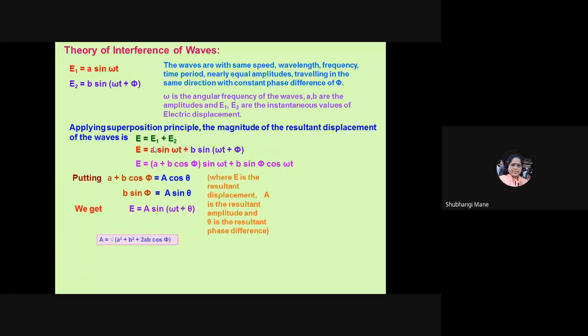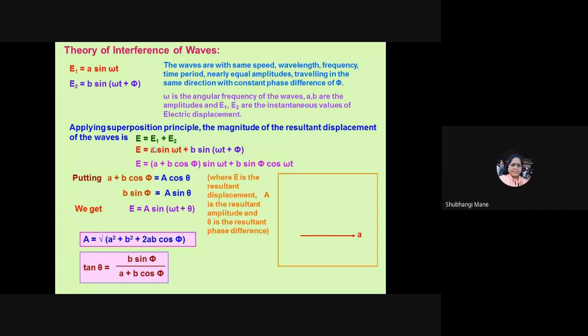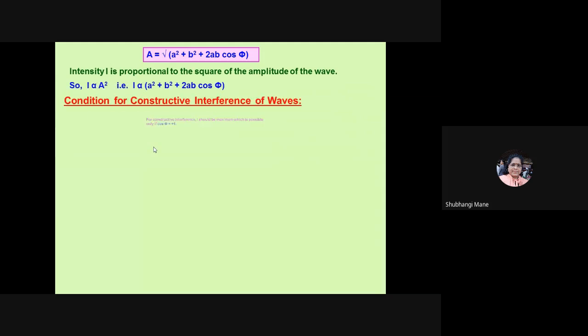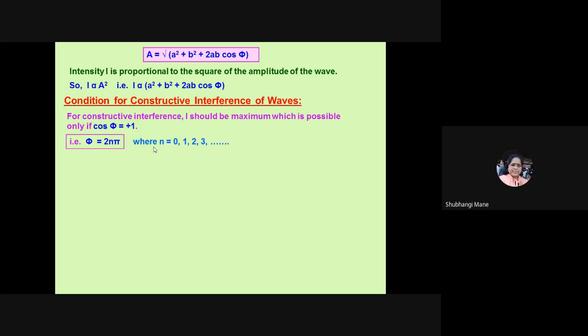Similarly, applying the superposition principle, the magnitude of the resultant displacement of the waves at the minima of intensity is given by E equals E1 minus E2.